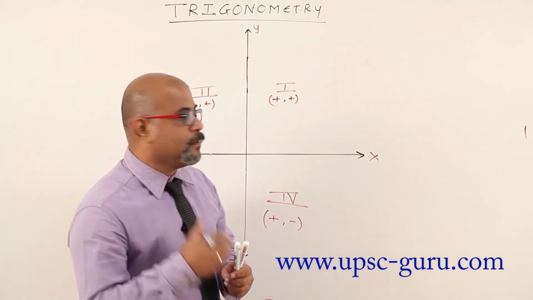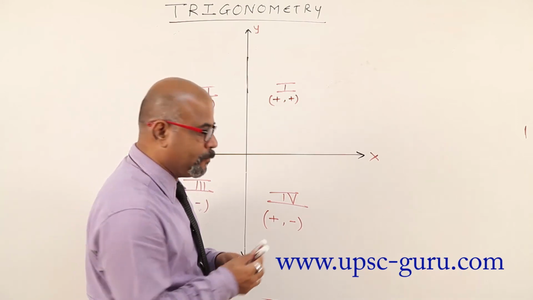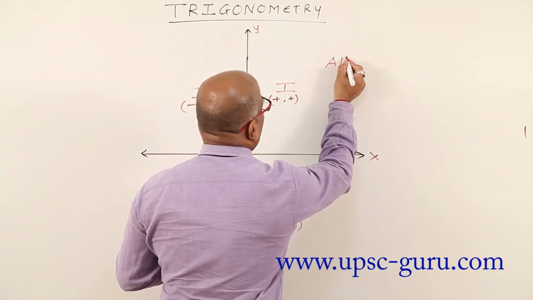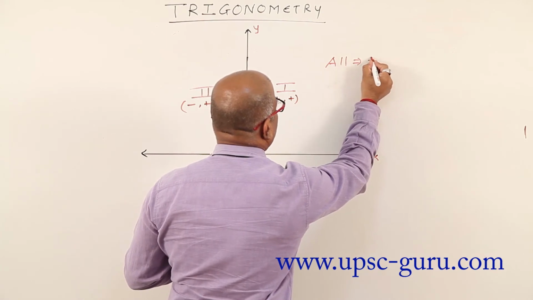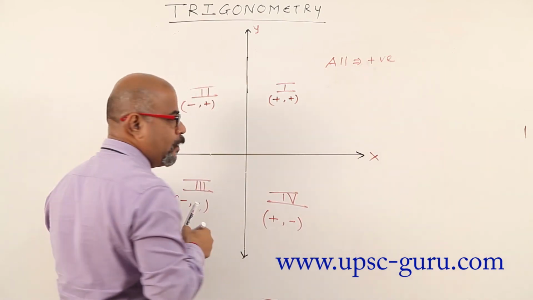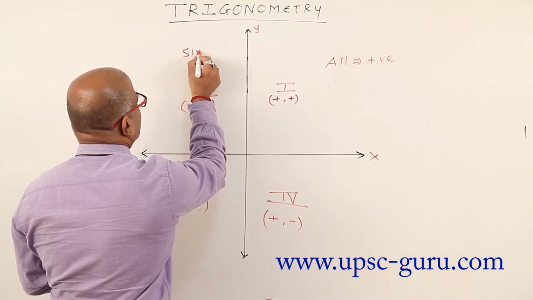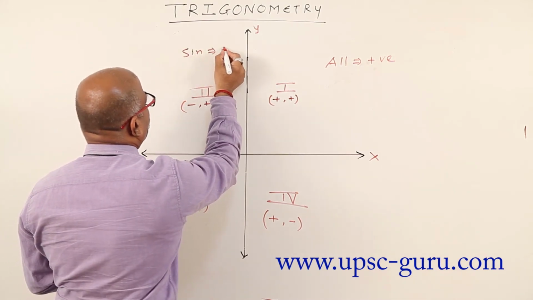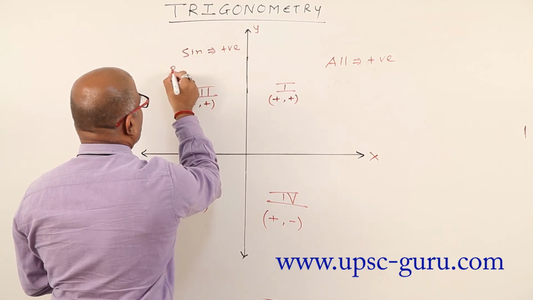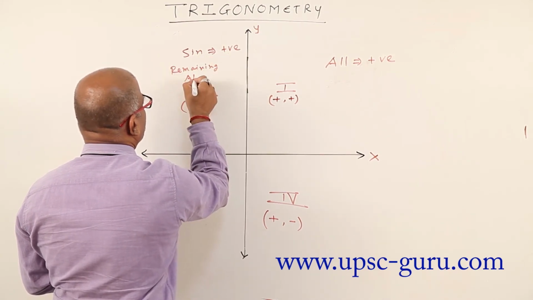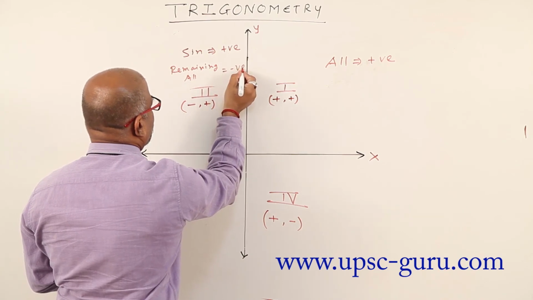Here we observe that in the coordinate system, in the first quadrant, all values of trigonometric ratios are positive. In the second quadrant, we observe that only sine is positive, remaining all negative.